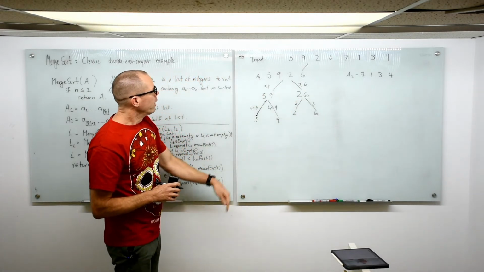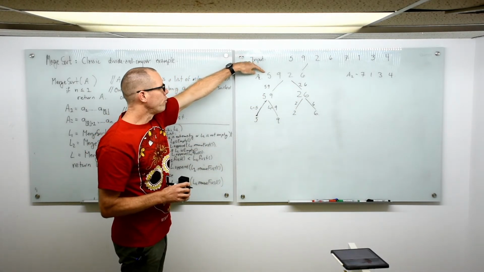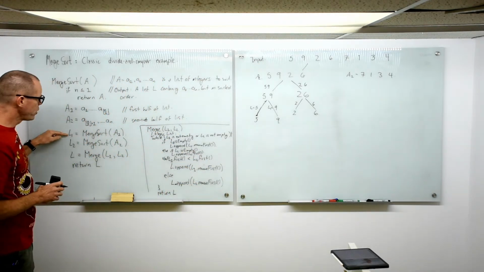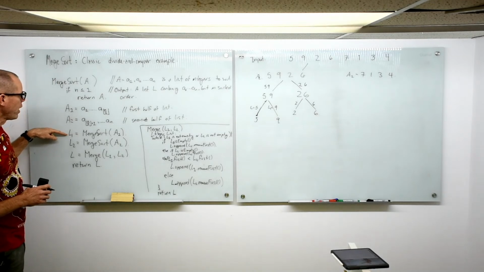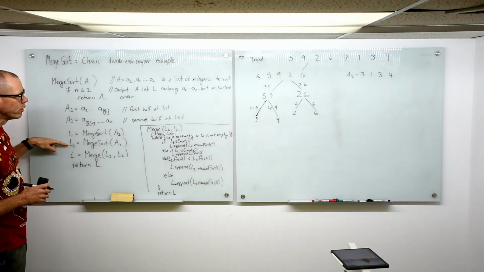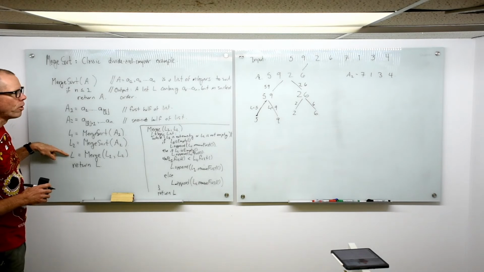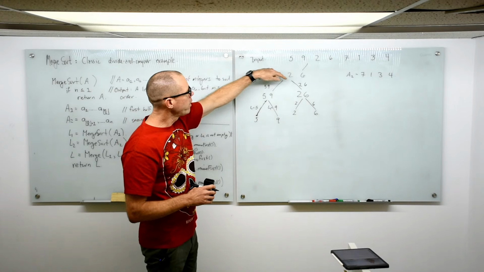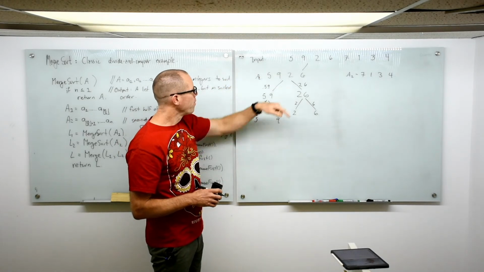Okay. So now back up at this level of recursion, we have already called merge sort to get L1, we've called merge sort to get L2, and now all we have to do is merge those 2 lists. So we need to merge the list 5, 9 with the list 2, 6.